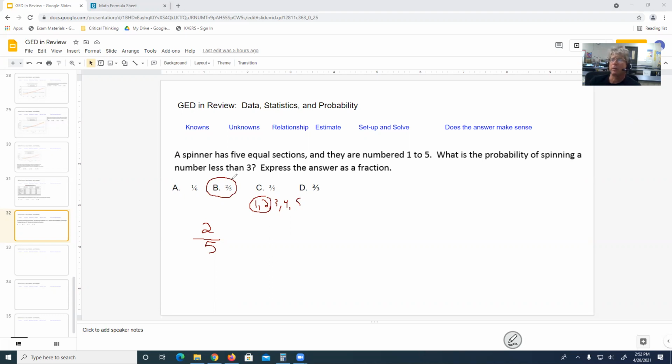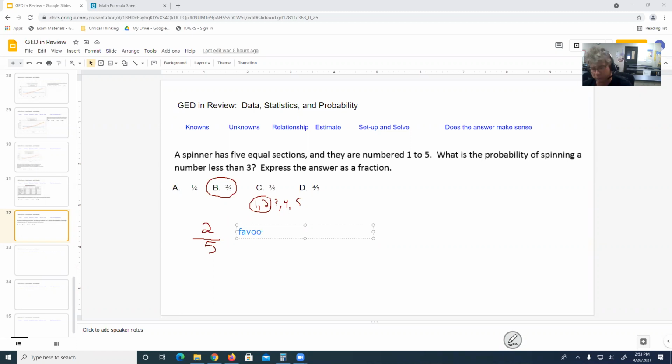Again, understanding probability: the favorable outcomes are the possible outcomes that work in my favor, and then you divide that by your total outcomes. So that's really important to pick up on: the top is your favorable outcomes.